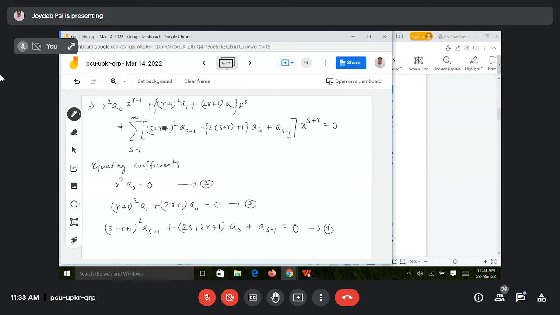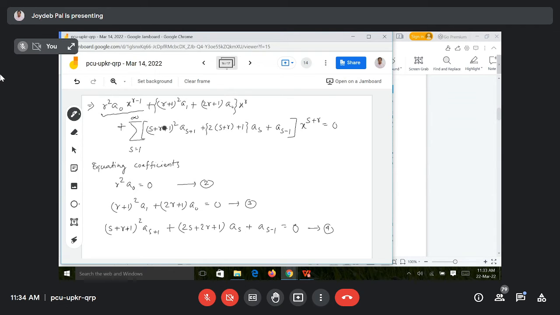In the last form of the series, r square a naught x to the power r minus 1 is the lowest degree term. Do you agree? And it is the definition that coefficient of lowest degree term equal to 0 gives us the initial equation. So equation number 2 is nothing but the initial equation.